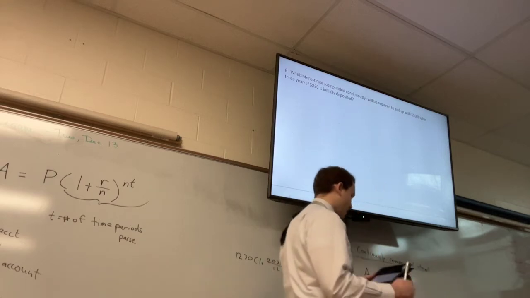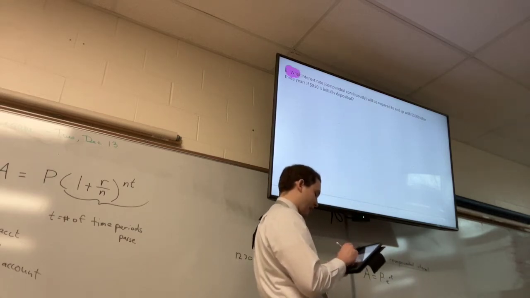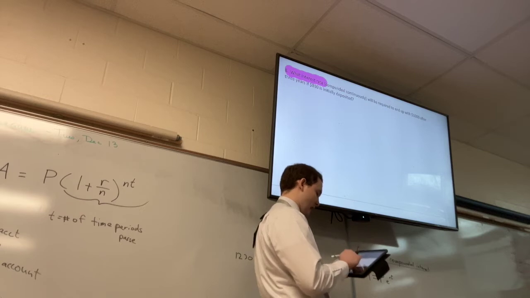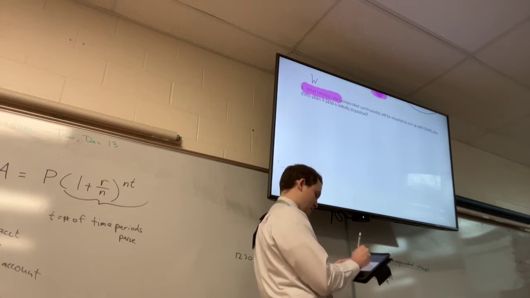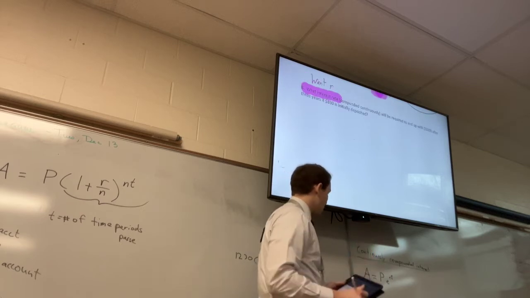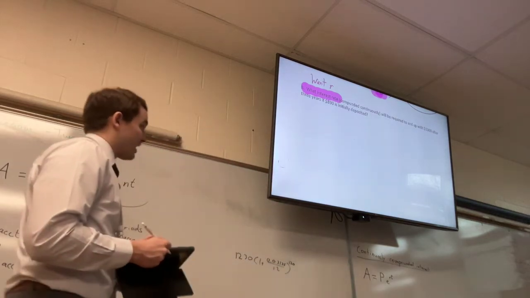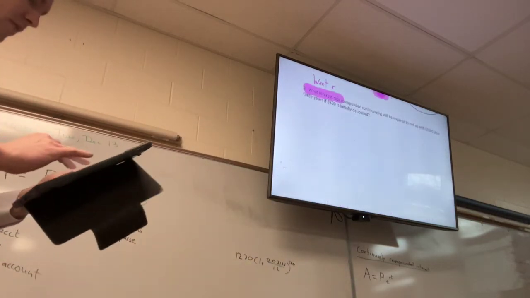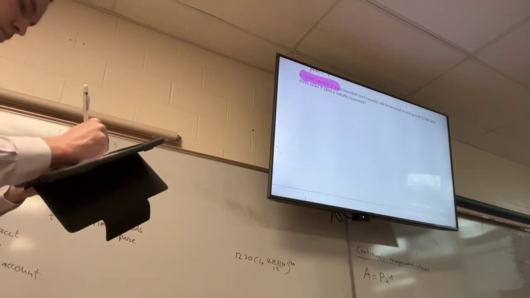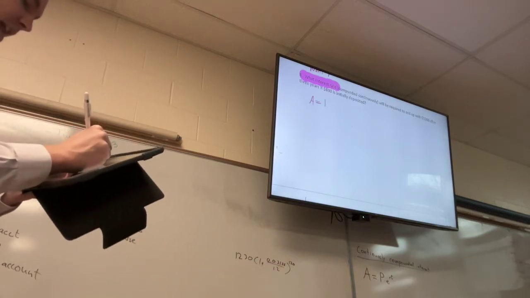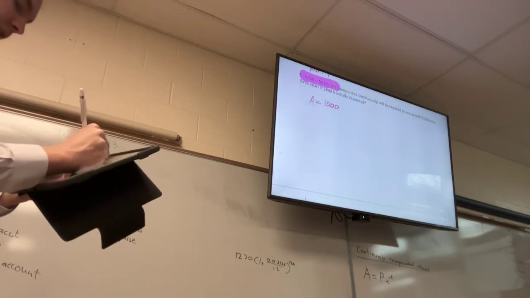What are they asking for? Which variable are they asking for? Yeah, so we want R, right? We want R. What's my A? Yeah, it's going to be 1,000, right? It's the amount of money I end up with. It says I end up with $1,000.